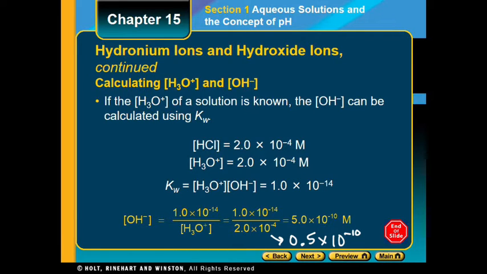That's where I was saying the typo is, because if we move our decimal, and your calculator does this for you to get it in proper scientific notation, when we move that to make a half become 5, then we have to change our exponent. We took one away, or added 1 to this side, we must take away from that side. And so our final exponent should be negative 11. So 5 times 10 to the negative 11 molar is our final answer here.